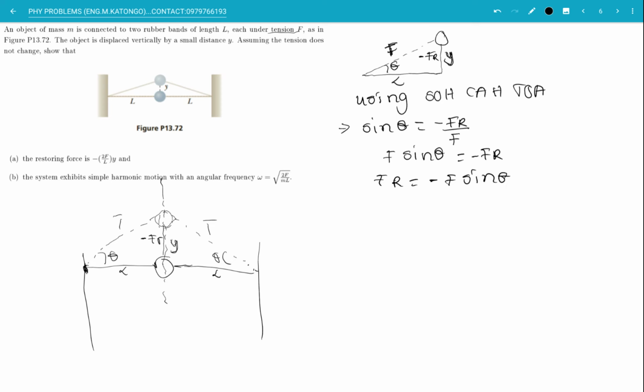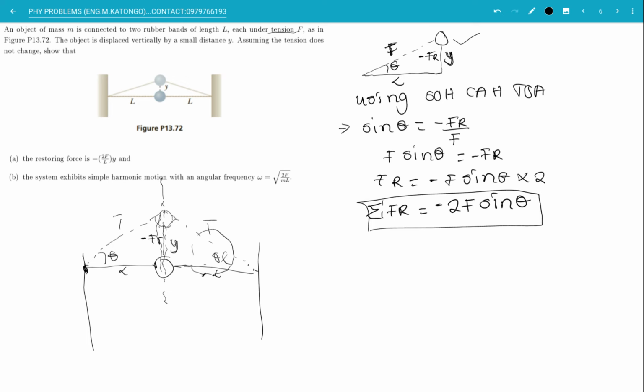Now, remember that this part of the diagram was an extract of the main part, which is this part. So therefore, we have to account for the other part of this displacement. Hence, we will multiply it by 2 so that we can have the summation, the restoring force being negative 2F sine of theta.